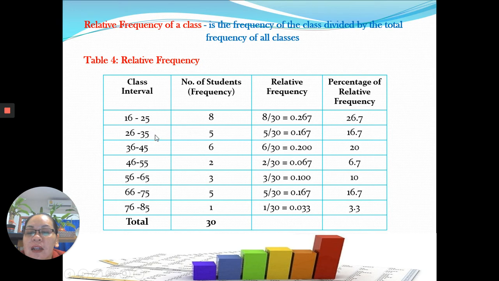This is the next class interval. Your relative frequency is 5 divided by 30, that is equal to 0.167. And then, of course, the percentage, just multiply this number by 100, you get 16.7. You continue the process until you finish the last class interval.